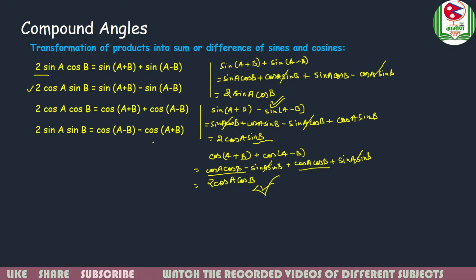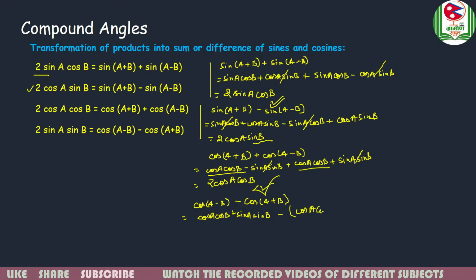And what about cos(A-B) minus cos(A+B)? Cos(A-B) is positive, so the result will be positive, that is cos A cos B plus sin A sin B, minus cos(A+B).